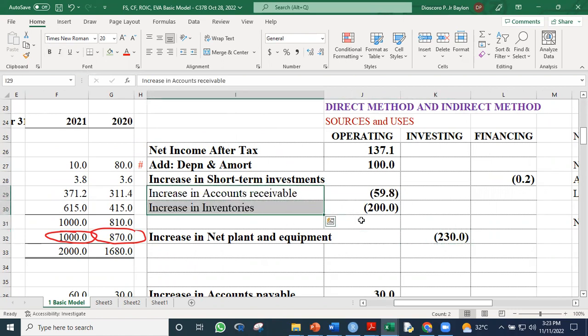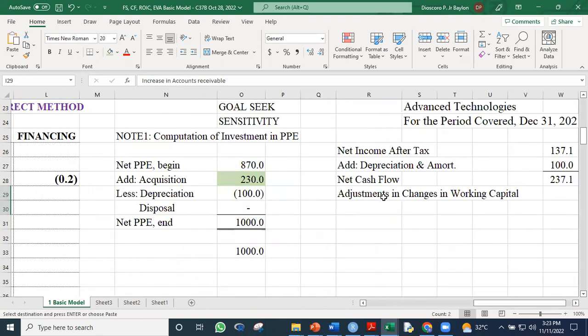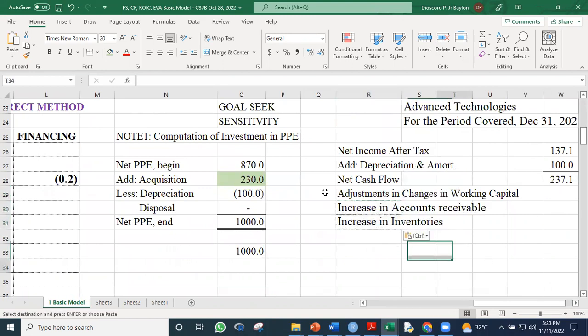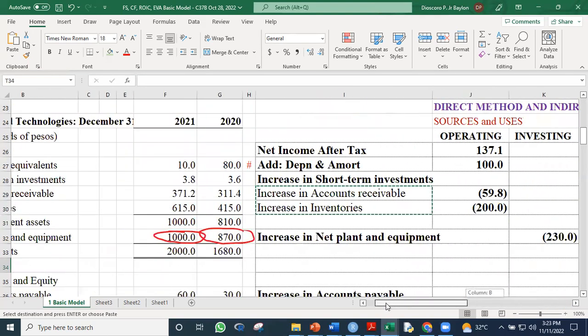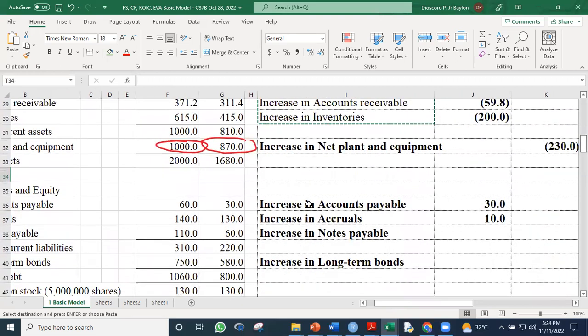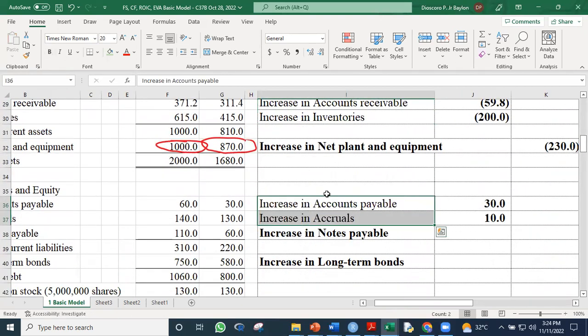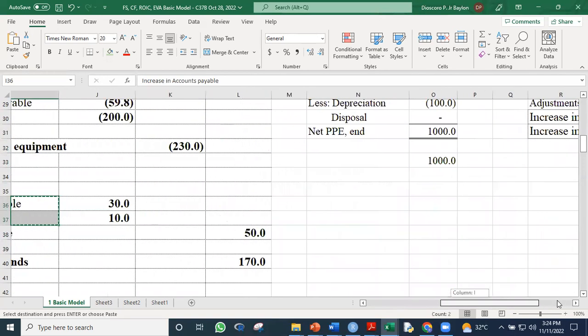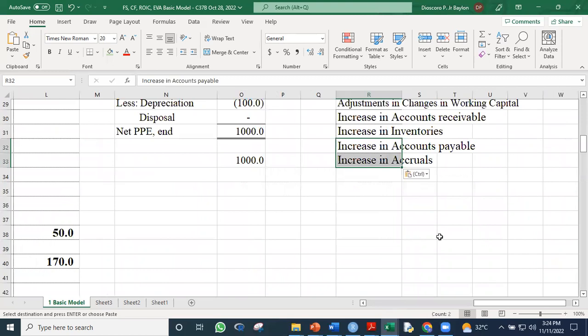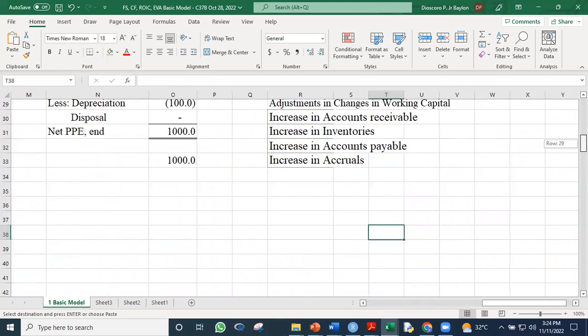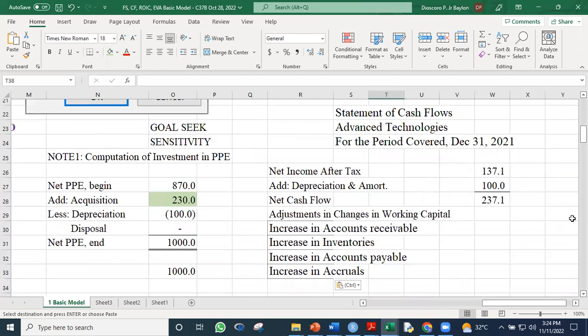Let me remove the bold here. So let's copy this, Control C, and then Control V. So we have the increase in accounts receivable, increase in inventories. Okay, we also have this, Control C, Control V. Okay, so these are the adjustments in the changes in the working capital.